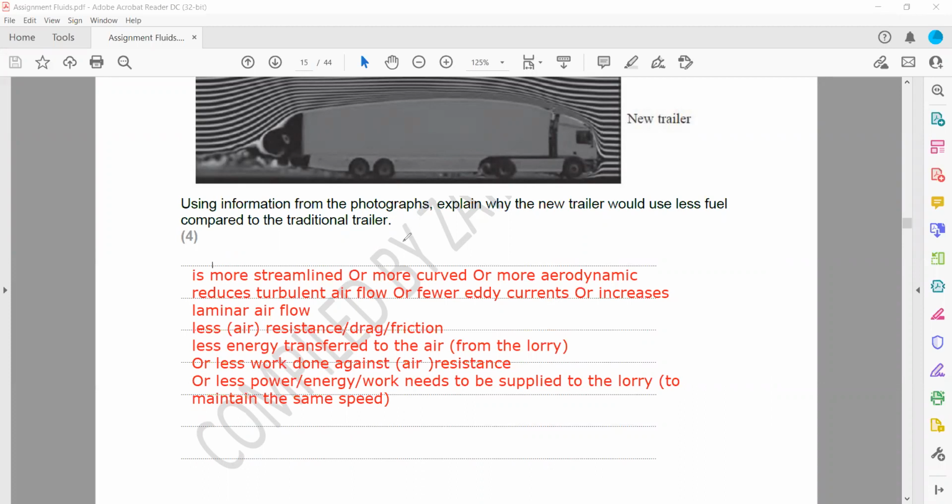Their design is aerodynamic, which reduces the air resistance as much as they can. So less air resistance means less drag or friction, so less energy transferred to air from the lorry, or less work done against the air, or less power or energy needed to supply to the lorry to maintain a constant speed, because otherwise the energy will be used to overcome the air resistance, but in this case it won't be wasted.